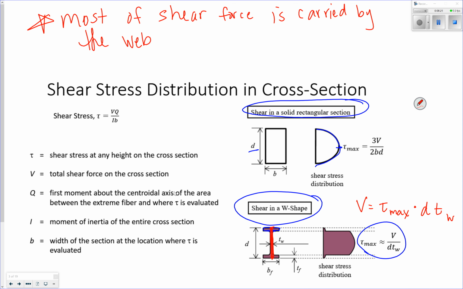So again, just know that when we're doing shear design, we're going to focus mostly on the web. It's kind of funny if you think about it. In bending, what you really care about are your flanges, because not much is going on between the flanges, which is why you have I-beams to begin with. And then for shear stress, it's the opposite, right? The only thing you care about is the web. The flanges are just along for the ride.